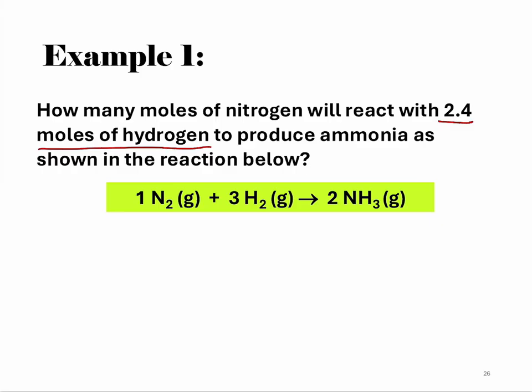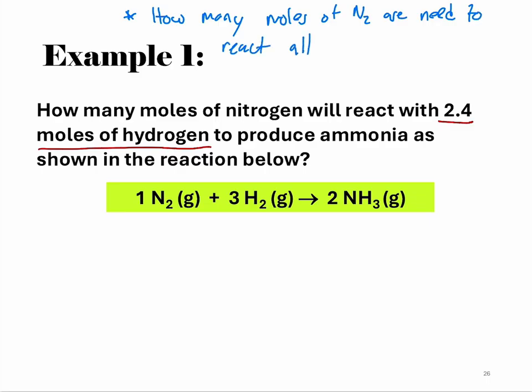In other words, how many moles of nitrogen are needed to react all 2.4 moles of H2.